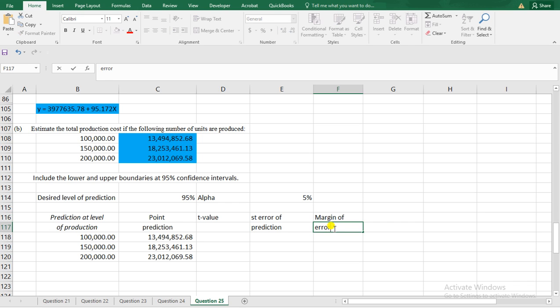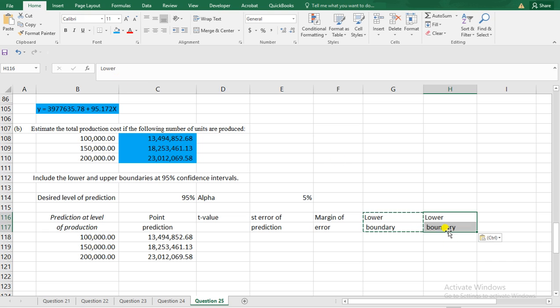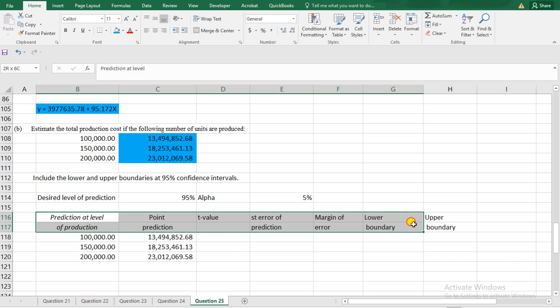We must also have our lower boundary, what the examiner wanted us to have, and our upper boundary. So these are what you should be having.